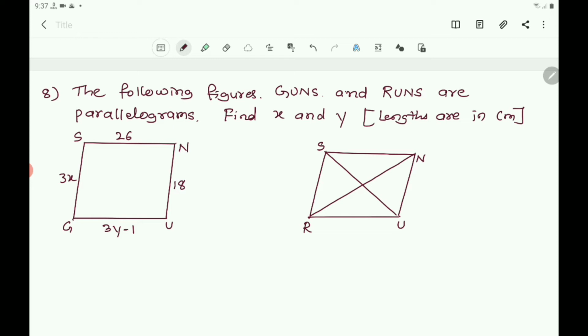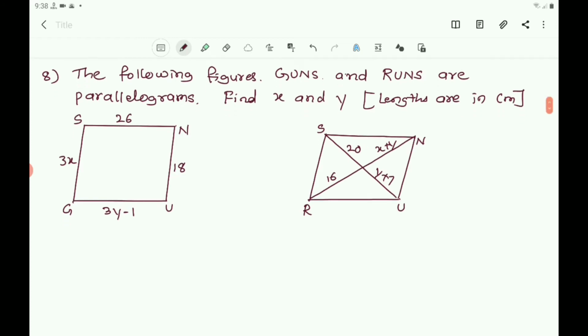And in the second parallelogram, it is given this part is 20, this is 60 and this is x plus y and this is y plus 7. In both the cases we have to find the value of x and y here.